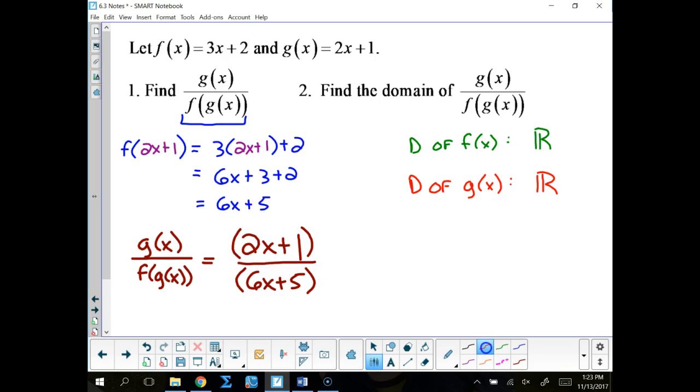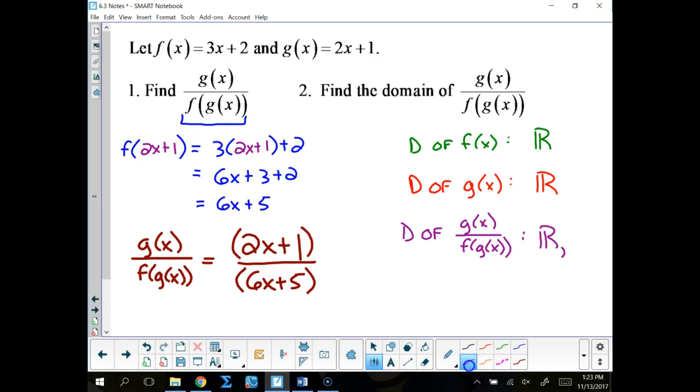If I look at the domain then of g of x divided by f of g of x, then that's going to be all real numbers, but now there's a fraction.